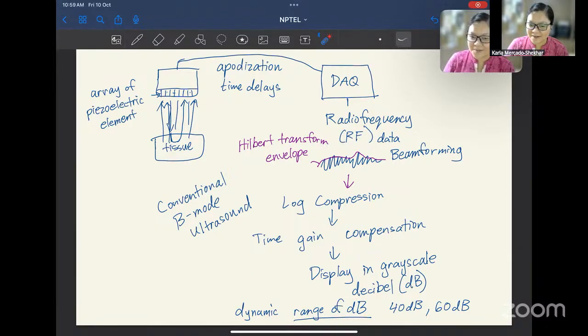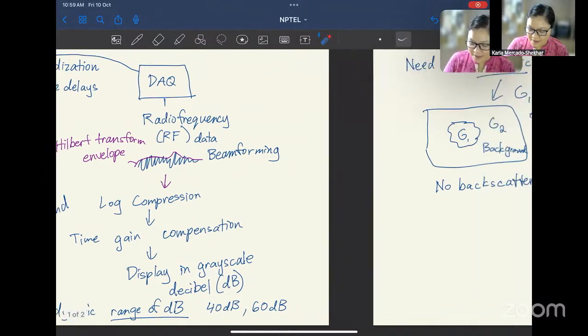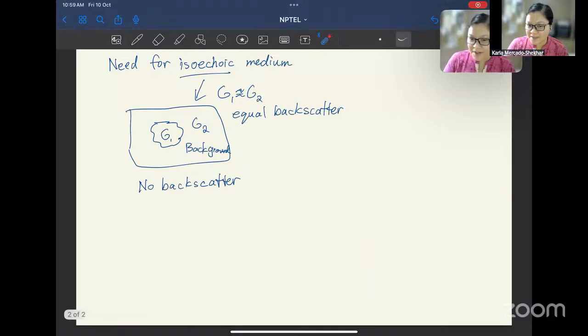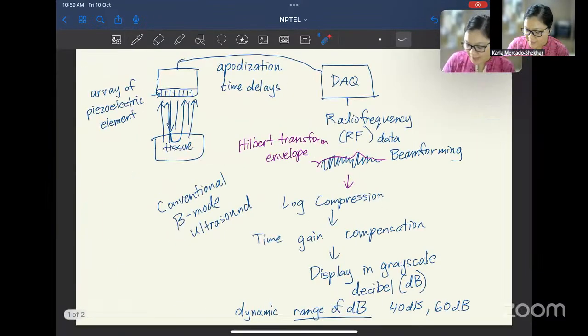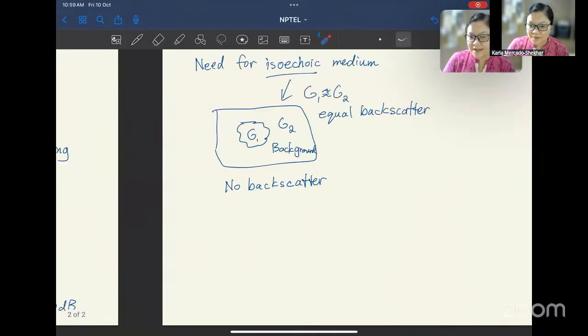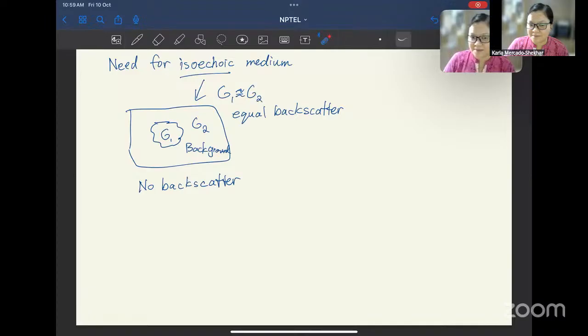There could be some other structures that are even lower than that in terms of backscatter. Then it will appear in your image that there's no backscatter, mostly black. But if you increase the dynamic range to like 60 dB, then you may be able to see some gray pixels come up, indicating that there is some tissue there.